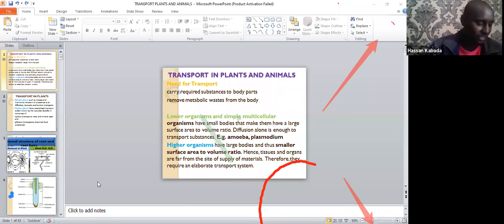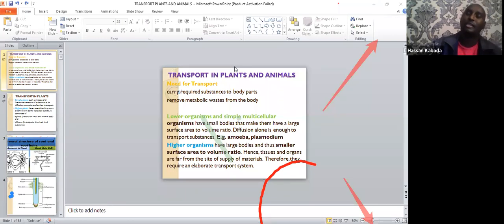The answer is definitely no. Simple diffusion cannot undertake the transport in these higher animals like me and you and all the higher plants, because of the vastness of the body parts and the distance between one organ and the other. You can imagine the brain requiring oxygen and nutrients, and they don't absorb this on their own.